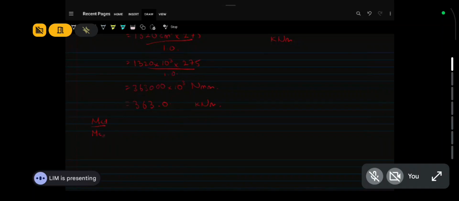To do the check, it's MED divided by MCRD. Now, MED is from our bending moment diagram. What is the moment from the BMD at the midspan?